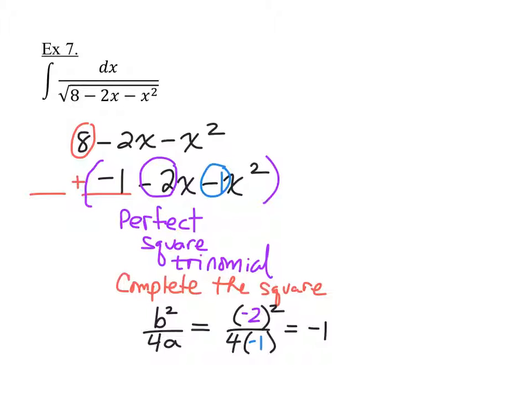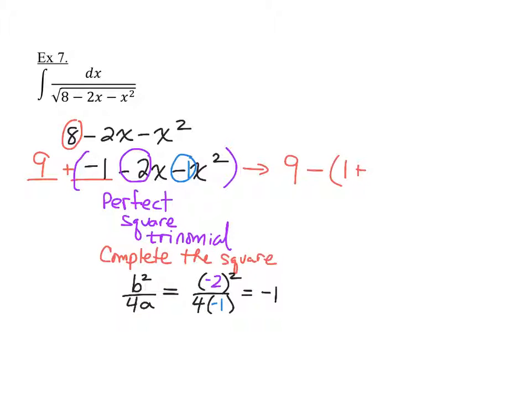So what does this number have to be? 9. All right. So I have a 9. Now what I'm going to do is I'm going to factor out a -1 here. All right, because there's a common -1. I can pull it out of the whole thing. That's going to give me 1 plus 2x plus x squared, which is a perfect square trinomial. What are its factors?